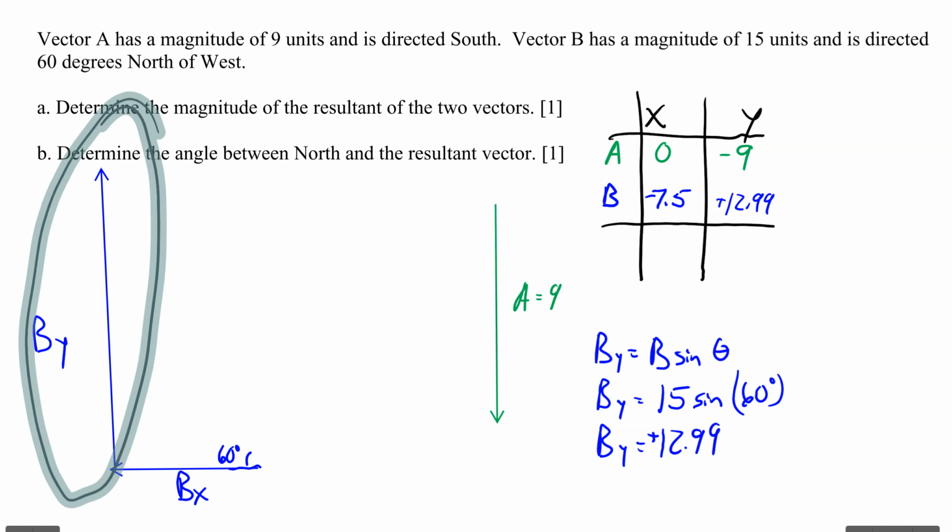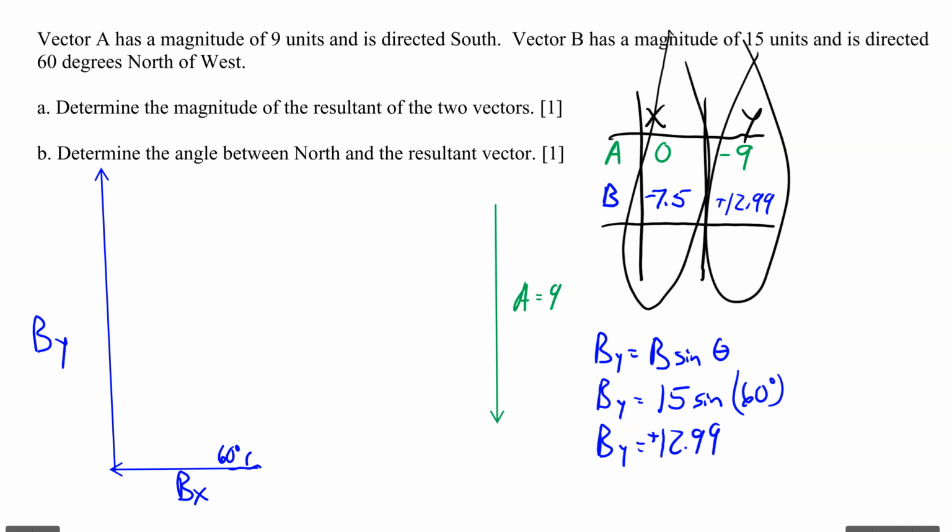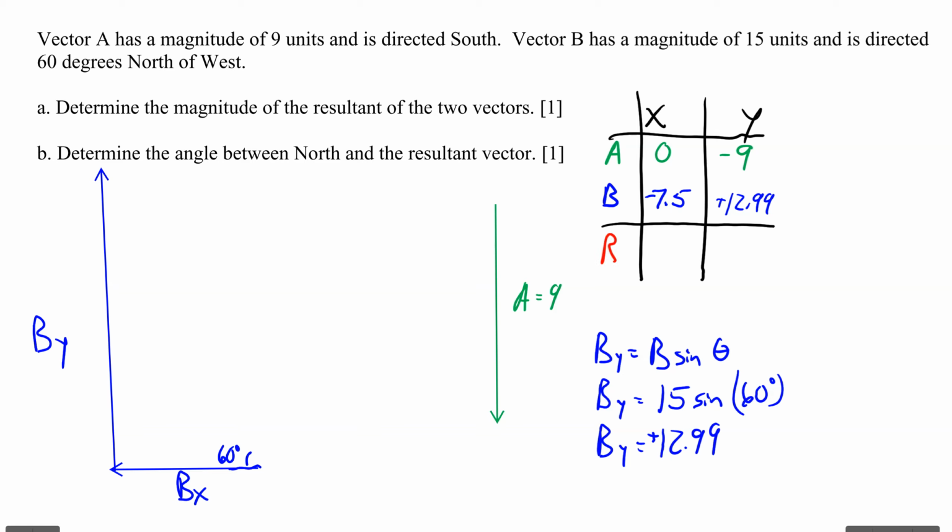We can easily say the resultant vector is going to be this much in the x direction, and there is no x direction for vector A, so that's why we add it to 0. Ax is 0. So you just add the columns together, and that tells you the x and y components of your resultant. Once you know those, you can do the Pythagorean theorem and inverse tangent.